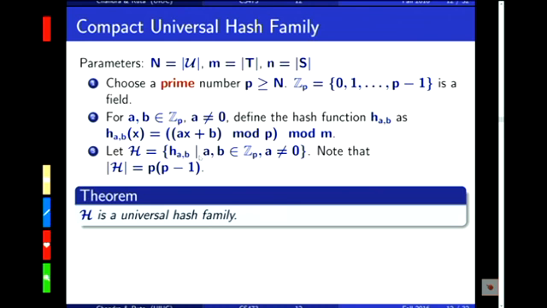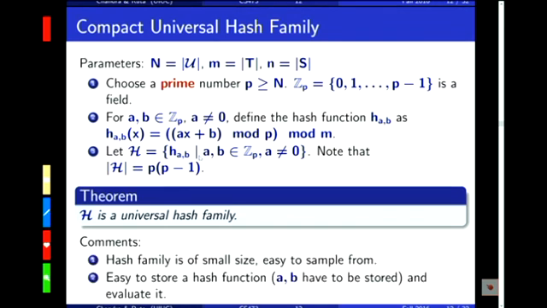Then the probability that h(x) equals h(y) is at most 1 over m. We will see why. First of all, this hash family is of small size, so it is easy to sample. And second, to represent every hash function, I just have to store a and b, which is small.